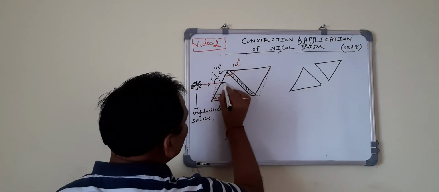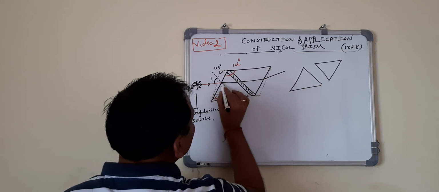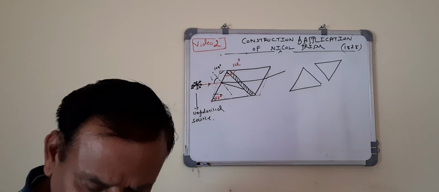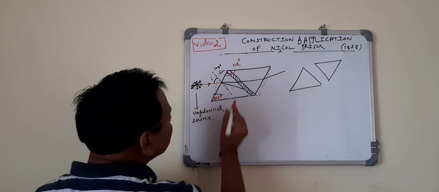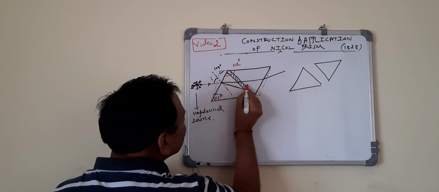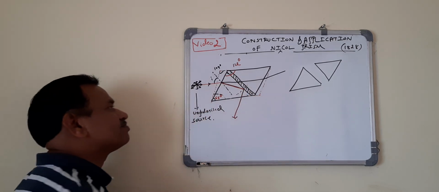Now two rays are obtained: one travels like this, and another ray travels like this, and then here it is normal.